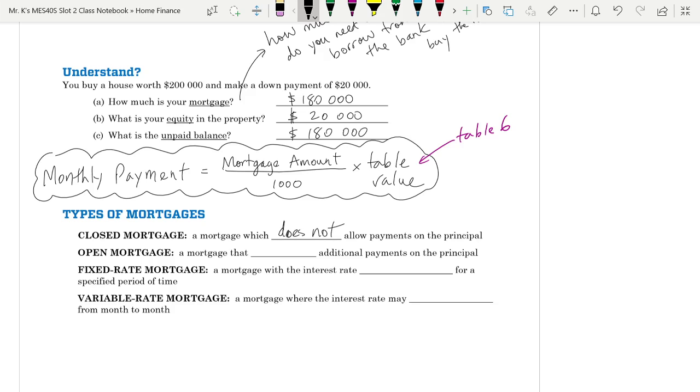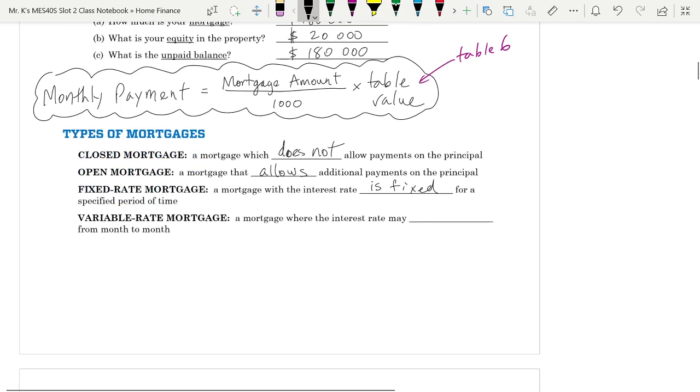An open mortgage is a mortgage that allows you to add extra payments if you suddenly find yourself with some extra cash and would like to do something smart with it. A fixed rate mortgage is a mortgage where the interest rate is fixed, meaning it doesn't change for a specific period of time.